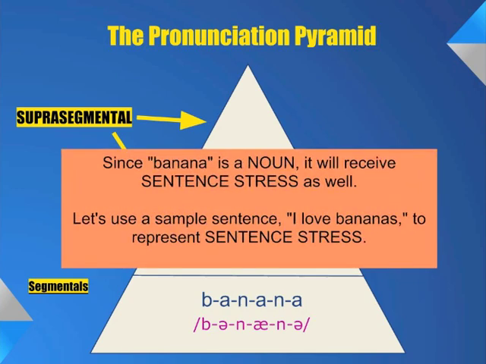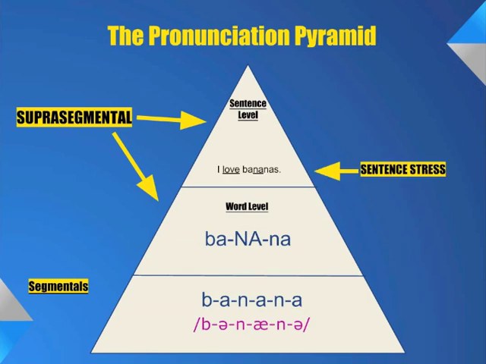Since banana is a noun, it will receive sentence stress as well. So let's use the sample sentence, I love bananas, to represent sentence stress. And we will place that sentence now here at the top of the pyramid. Recall that love and bananas will receive sentence stress because both have meaning by themselves. I love bananas.